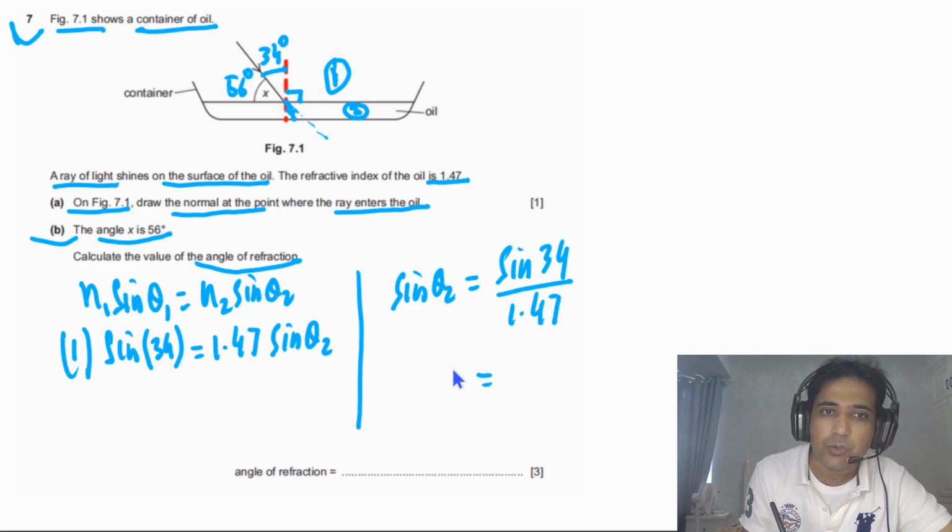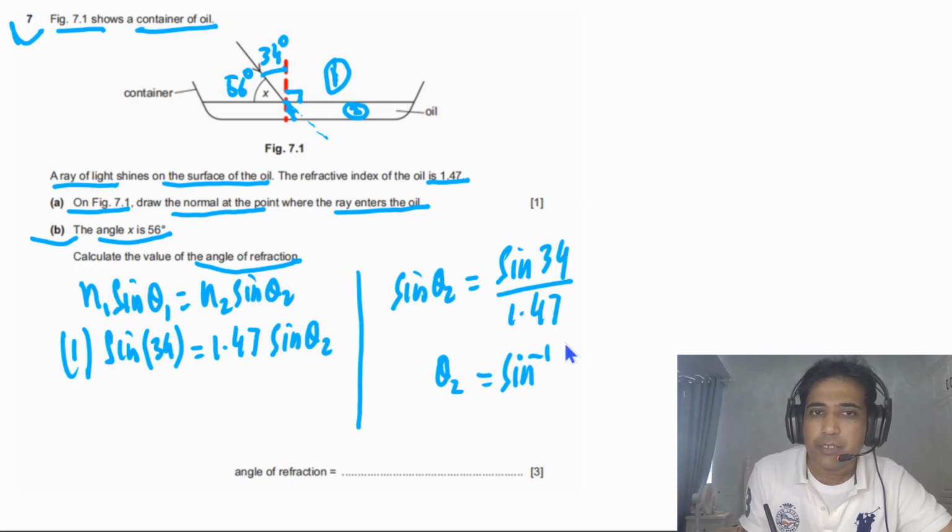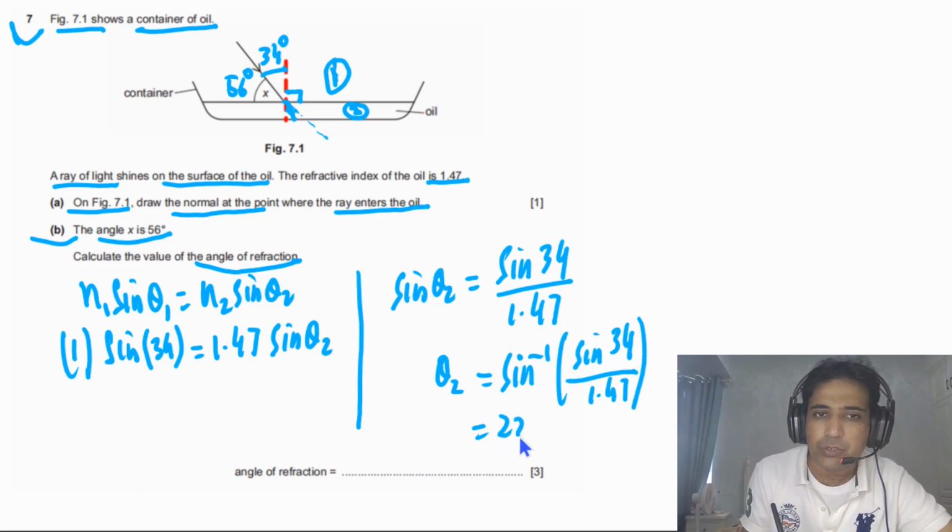Solving for theta 2, we get sine inverse of sine of 34 divided by 1.47. If we solve, we will get 22 degrees. So this is our final answer, 22 degrees.